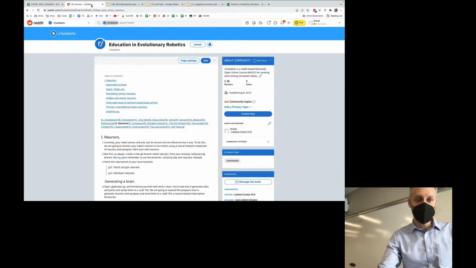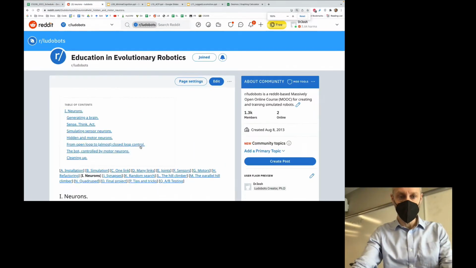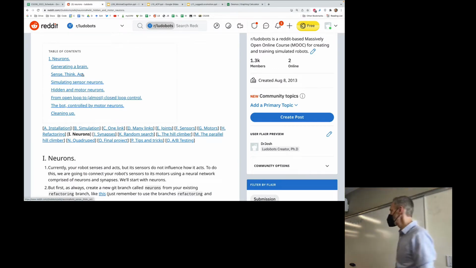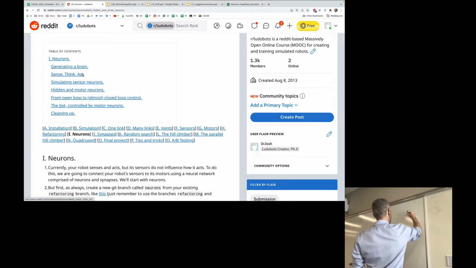In the neurons assignment, you're going to get close, but not quite, to closing the sense, think, act cycle. So we've got our robot with its sensors. We've got our robot with its motors. The motors send commands to the joints.